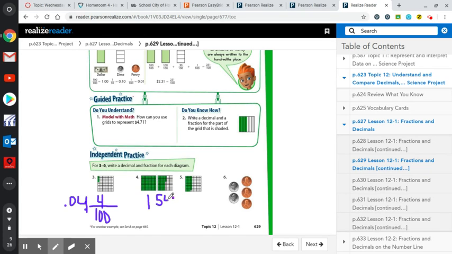Hopefully you counted 54 out of 100ths. So you would read this 1 and 54 hundredths. So the decimal would be 1. We have a decimal point, so we say and then 54 hundredths. Okay?